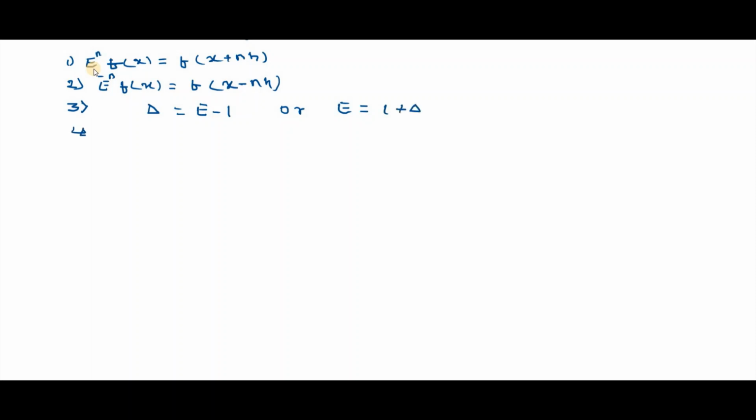Fourth one, del is equal to 1 minus the inverse operator, that is e raised to minus 1, or we can also write e raised to minus 1 is equal to 1 minus del. Now, by using all these formulas, let us solve some examples.